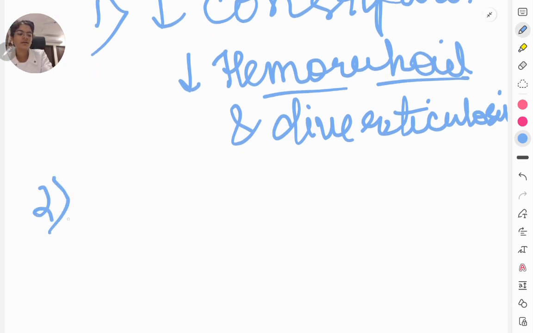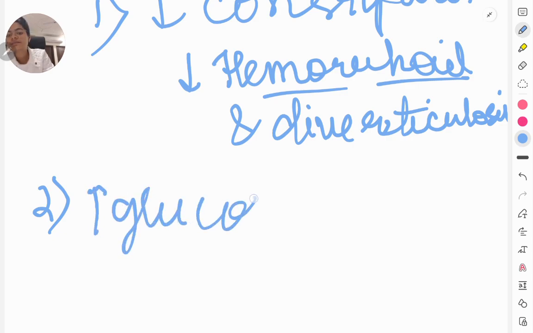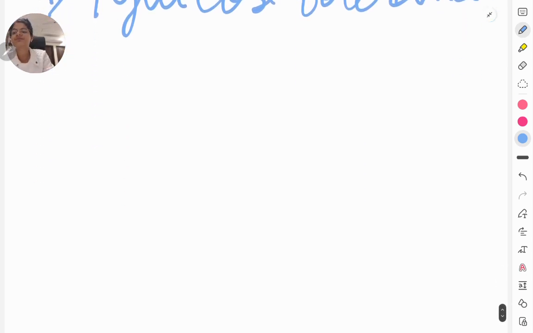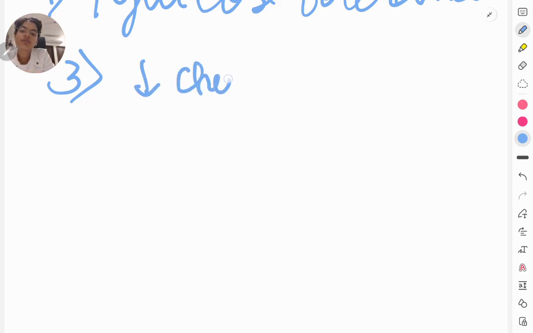Then it increases the glucose tolerance, as it decreases the glucose absorption. Along with glucose, it decreases the cholesterol absorption. How?